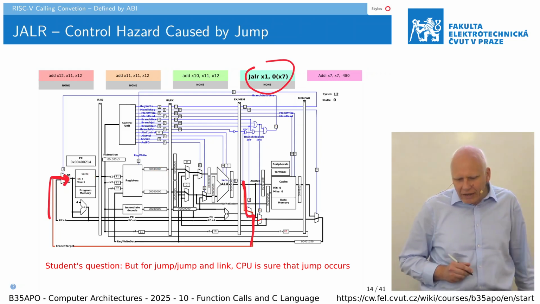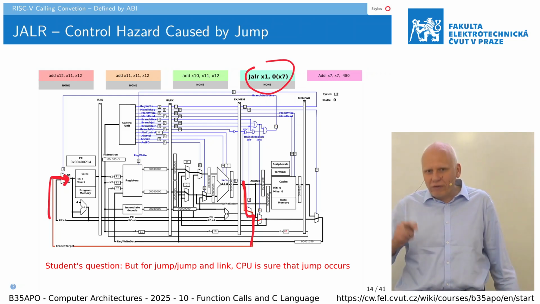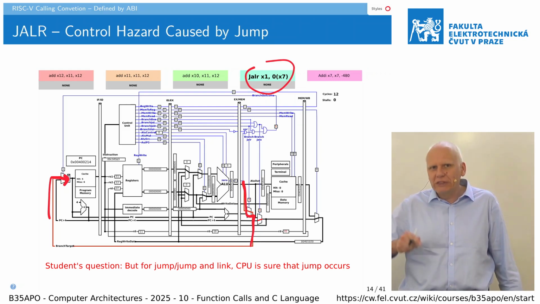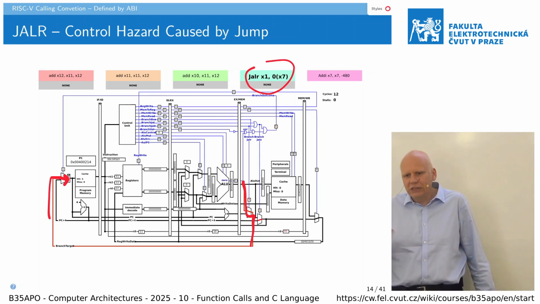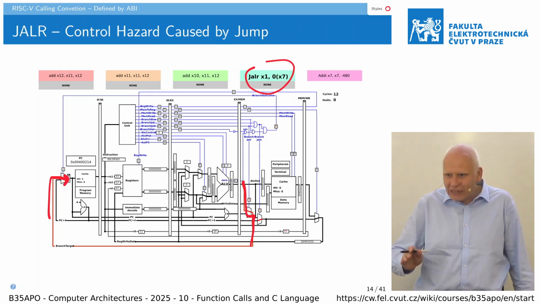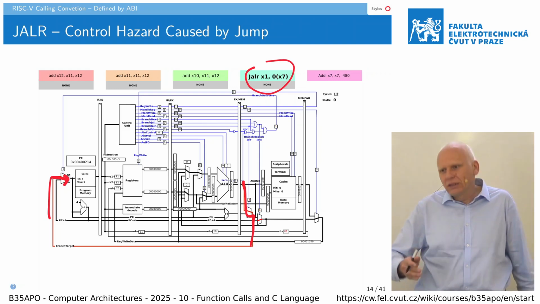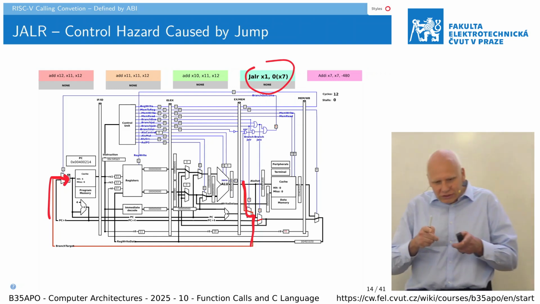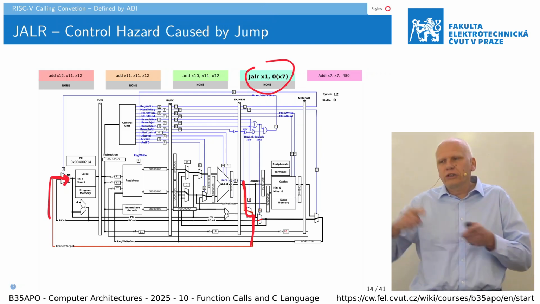But jump and link register is different, because it depends on, you know, the branch history should specify, okay, this is the branch, and in fact we do not need to store it in the branch history, because we know it will branch for sure. But the problem is that the branch target buffer can depend on, for example, the same instruction which calls draw the shape.